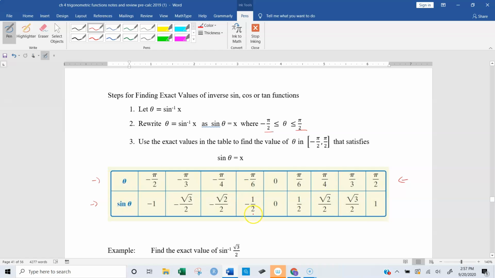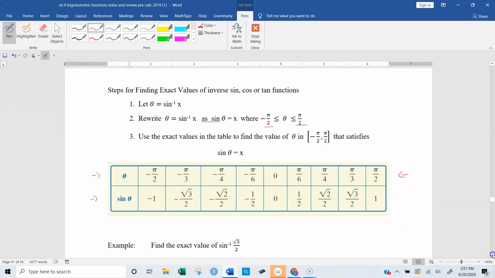Your 30 is -1/2. So these are from your unit circle. All right, again here, 30 is a positive 1/2. 45 is now a positive square root of 2/2 because now you're in the first half of your unit circle, or the first 90, and then square root of 3/2 and 1. So you're really working with your 30, 60, 90s and your 45s. Nothing unusual, just in different spots. Now, let's see what this does for us.